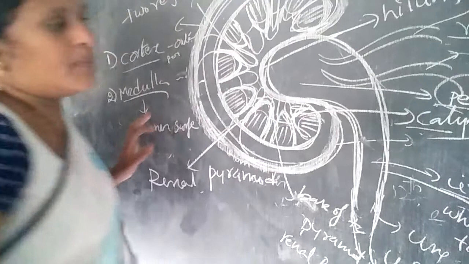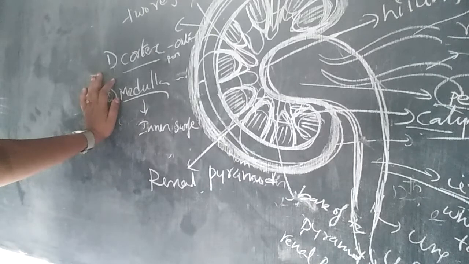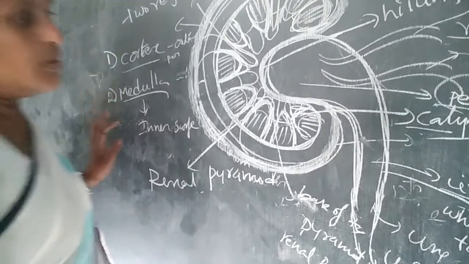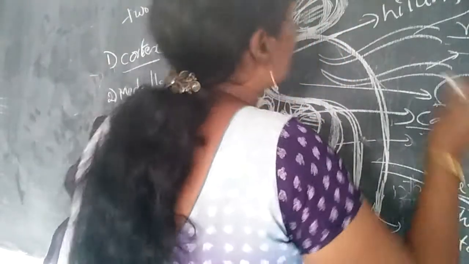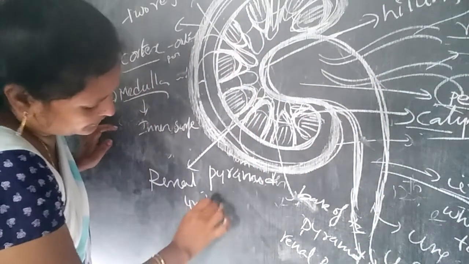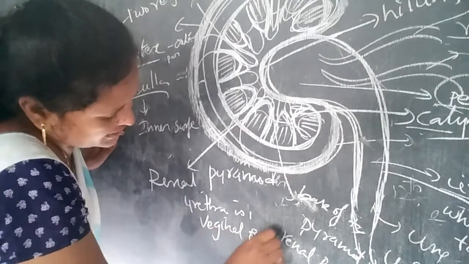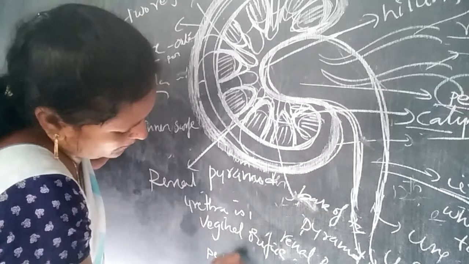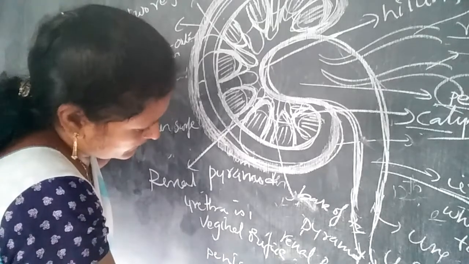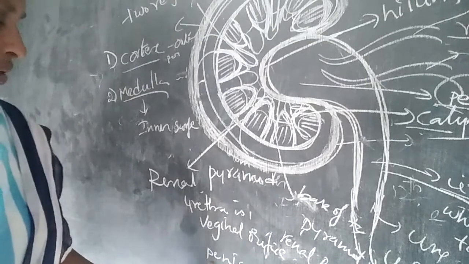In females, the urethra opens into the vaginal orifice, and in males, the urethra opens through the penis.